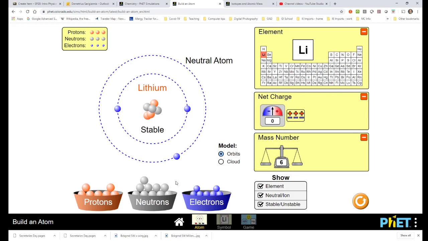So lithium only has 1 electron. It's energetically better for lithium to lose an electron than to gain 7 electrons. It's not likely to gain electrons, but it's more likely to lose one. So you're more likely to get a positive ion with lithium.